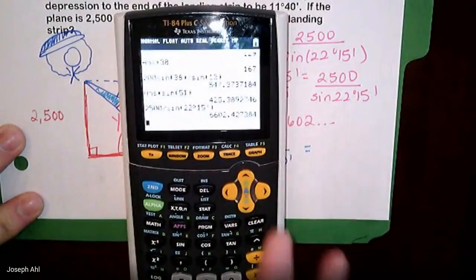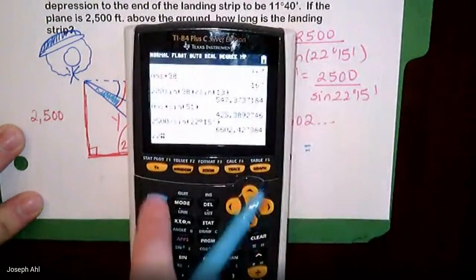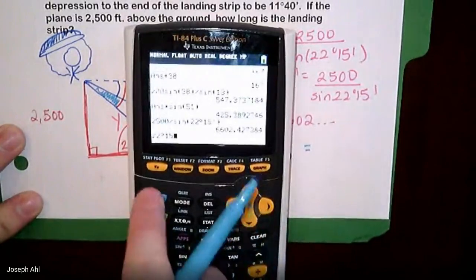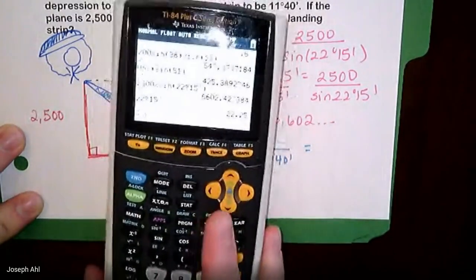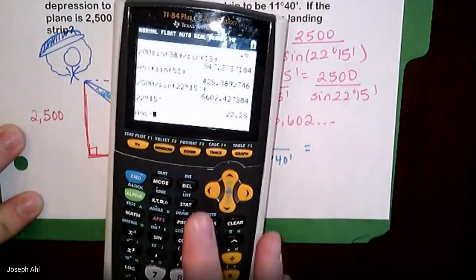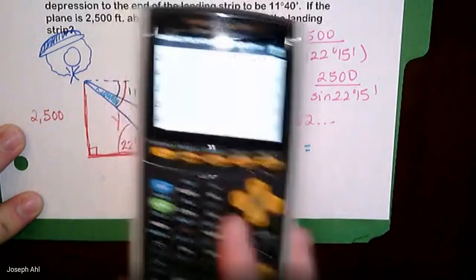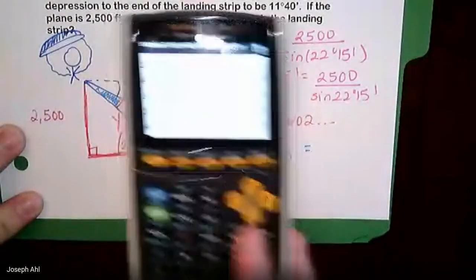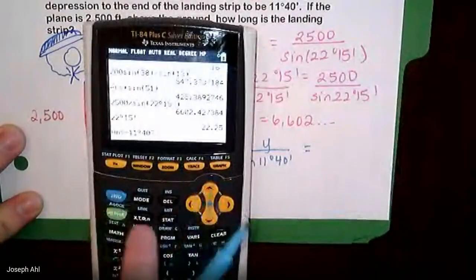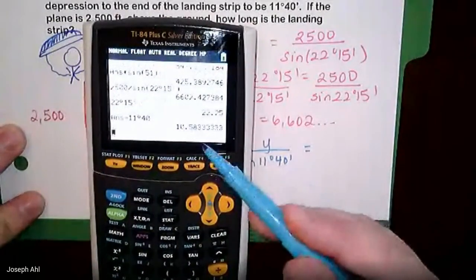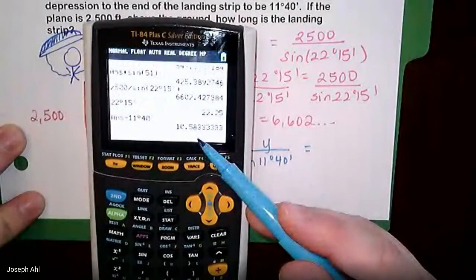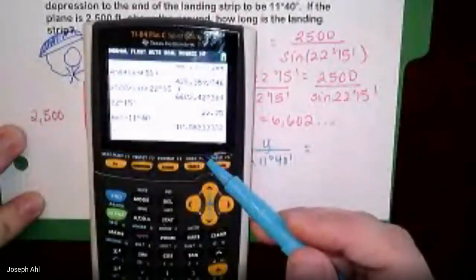So if I do the first angle of depression, 22 degrees, 15 minutes. Oops, don't hit enter. But anyway, if I subtract from that 11 degrees and 40 minutes, was that what it was? Yeah, 40 minutes. Okay, so you get this number in decimal form, but I don't really want to write 0.583 repeating as the measure of the angle.